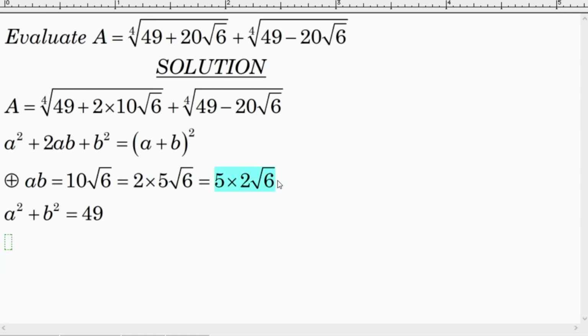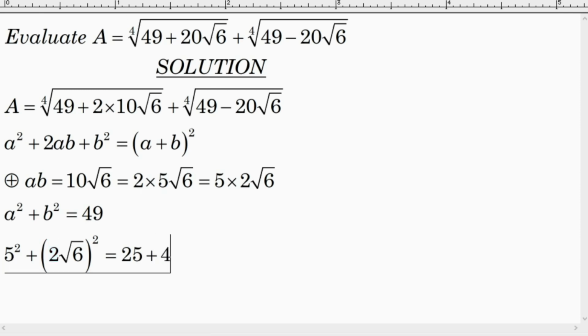Okay, so let's check the other pair. We have a equal to 5, so a square is equal to 5 square. And b equal to 2 square root of 6, so b square is equal to 2 square root of 6 raised to square. So 5 square is 25, plus 2 square is 4, times 6, which is 25 plus 4 times 6, which is 24, equal to 49.